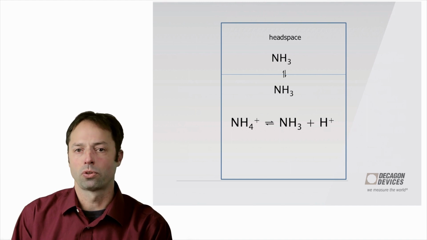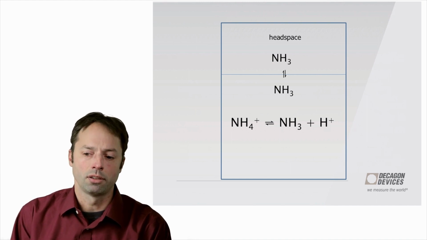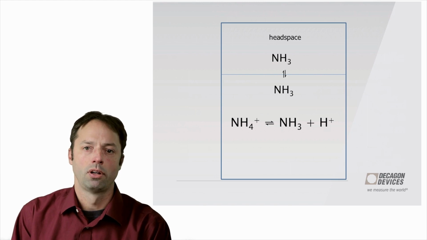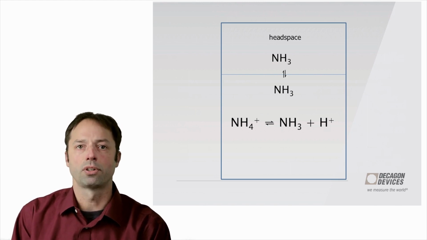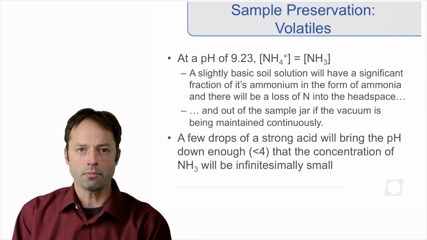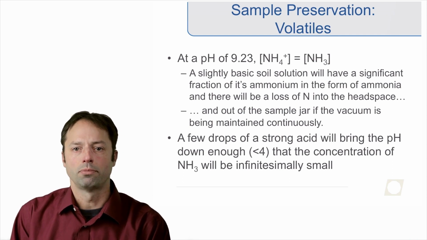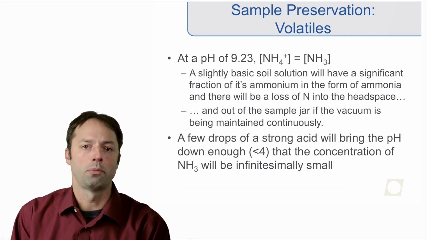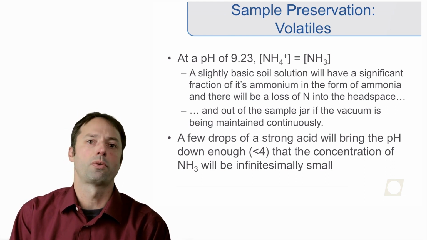But as you get towards more alkaline conditions, then you start to get more and more ammonia, and then that is going to be in equilibrium with your headspace. So at a pH of 9.23, almost all of this is in the form of ammonia, and it's essentially just going to evaporate.